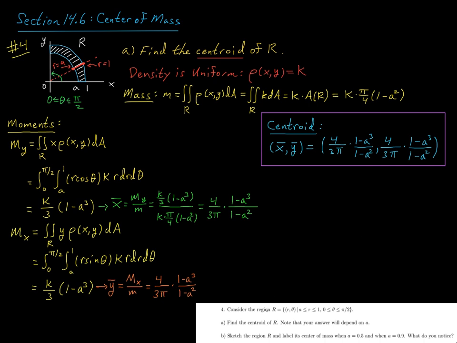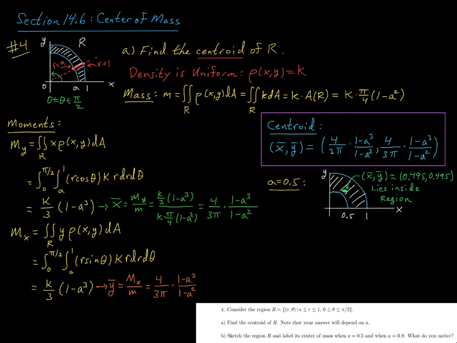Now part B says to sketch the region R and label its center of mass when a is equal to 0.5 and when a is equal to 0.9. What do you notice? When a is 0.5, plugging 0.5 into this expression, our center of mass is about 0.495, comma 0.495.